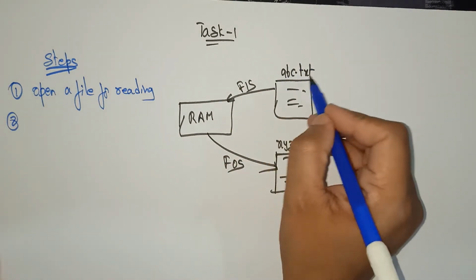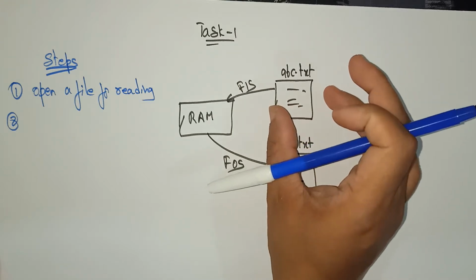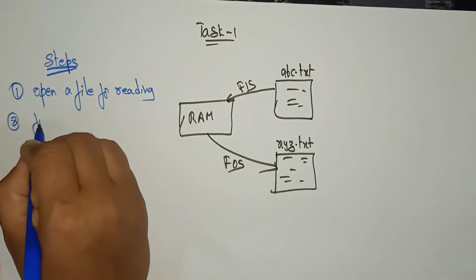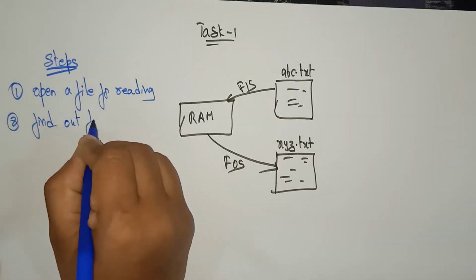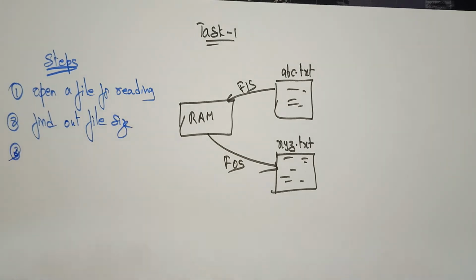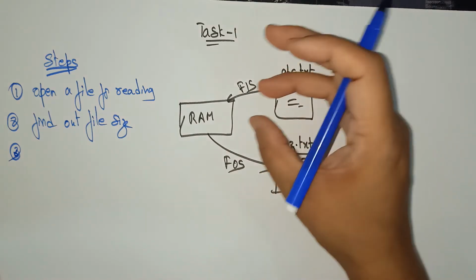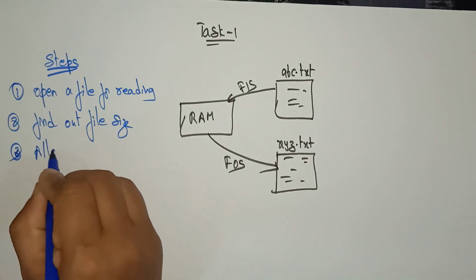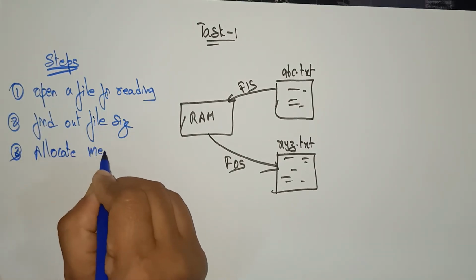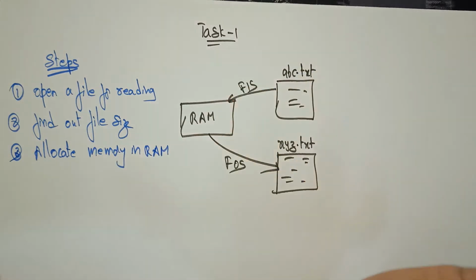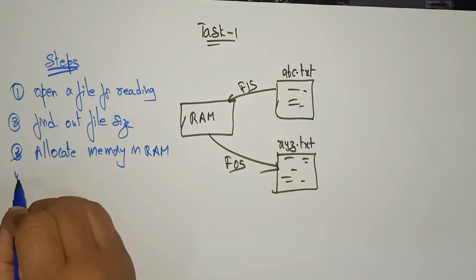Second, whatever abc.txt you are reading, find out the file size. Next, allocate memory in RAM. Whatever the file size is, that size we need to allocate in RAM, so allocate memory in RAM according to the file size.